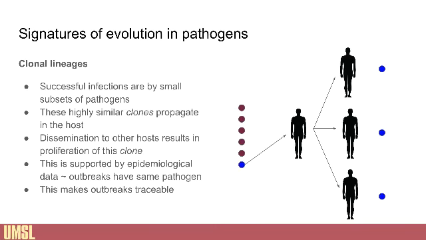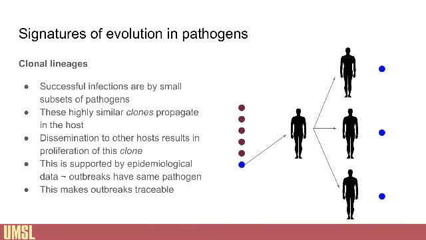What actually happens in most infections is to keep in mind that successful infections are by very small subsets of pathogens, right? It requires a reasonable number of pathogens to show up, but the populations that are actually successful are very small. What this results in is that highly similar clones propagate in the host.